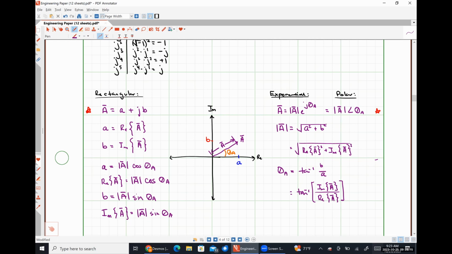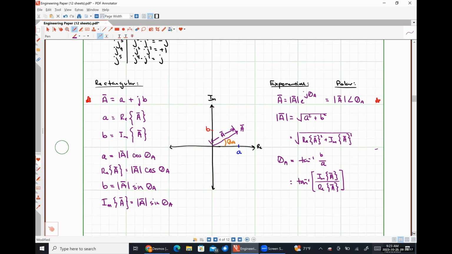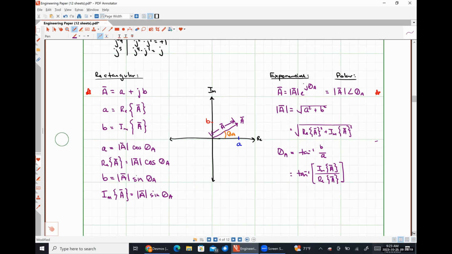So putting this together, what we have is complex number A is the magnitude of A cosine theta A plus J times the magnitude of A sine theta A. And oops, we accidentally came up with Euler's identity.